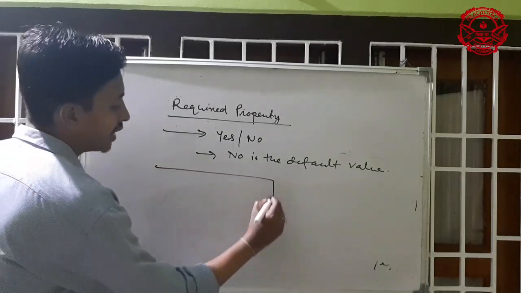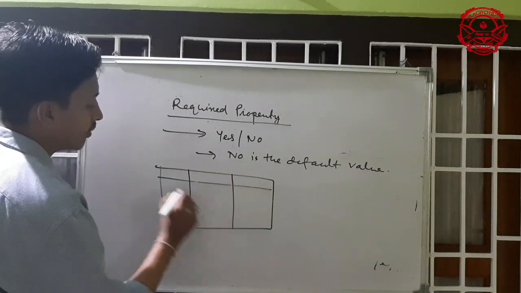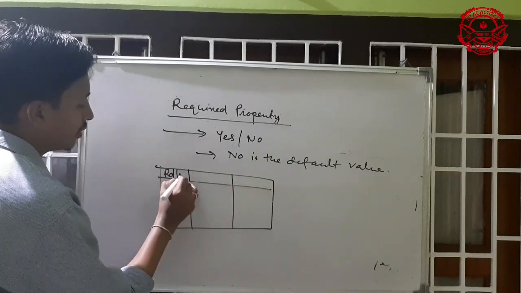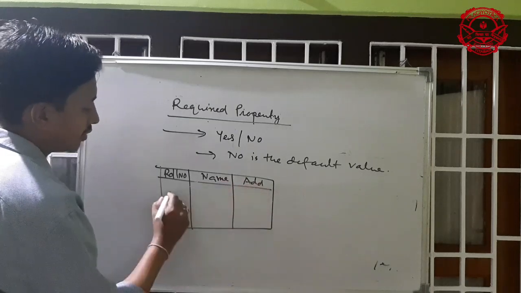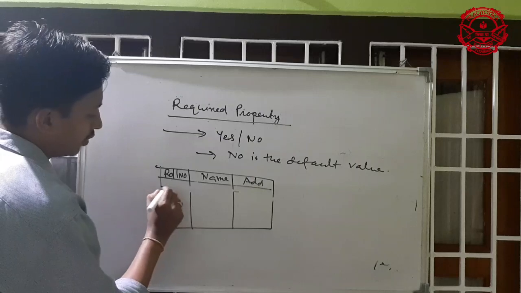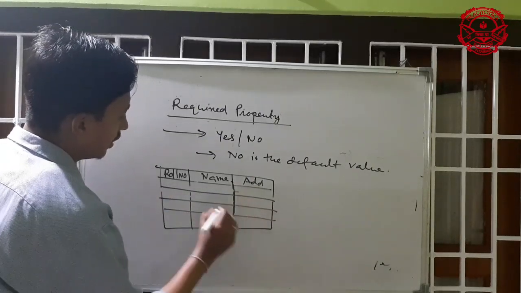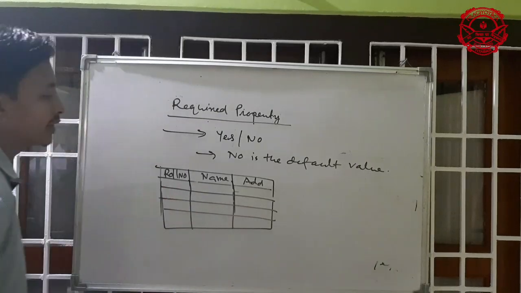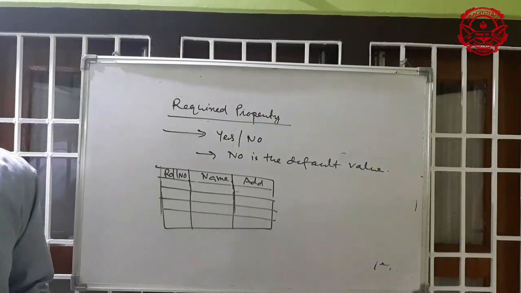For example, say this is a student table. This has roll number, name and address. Now see, in this table there are three fields: roll number, name and address.